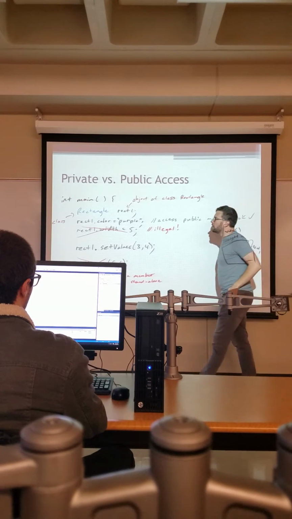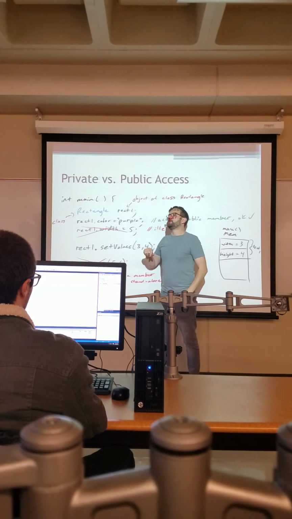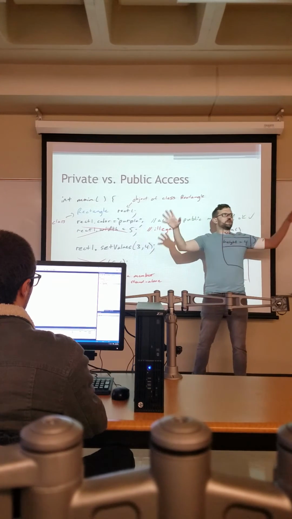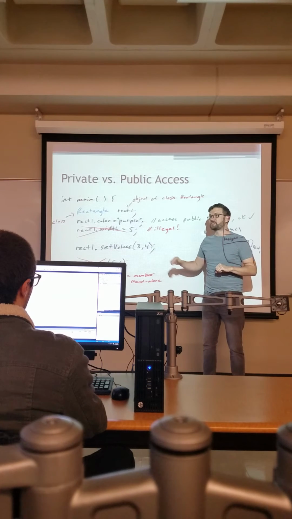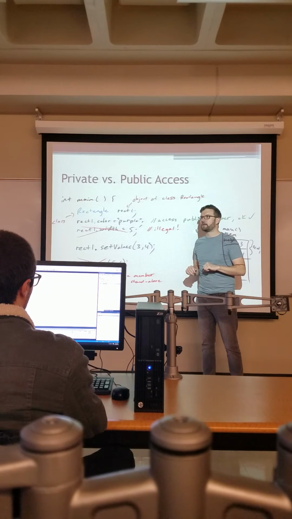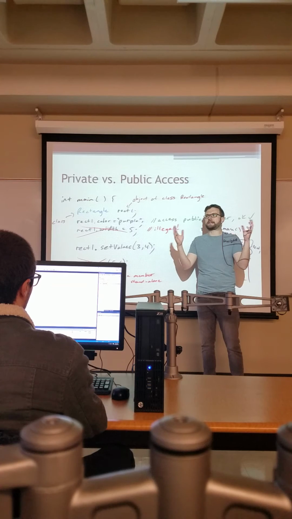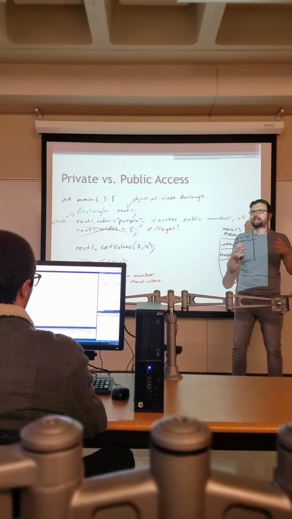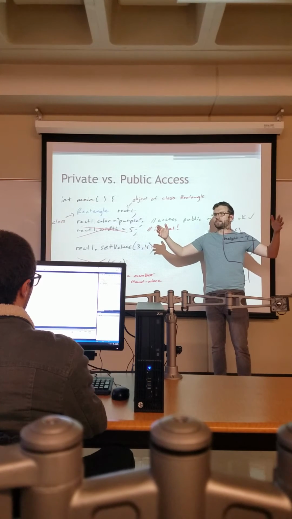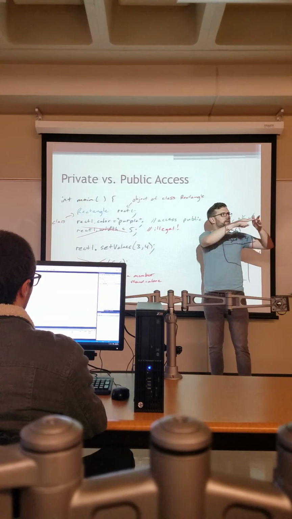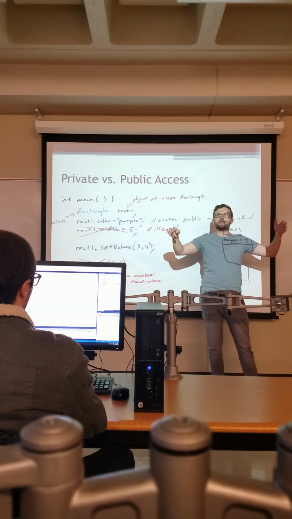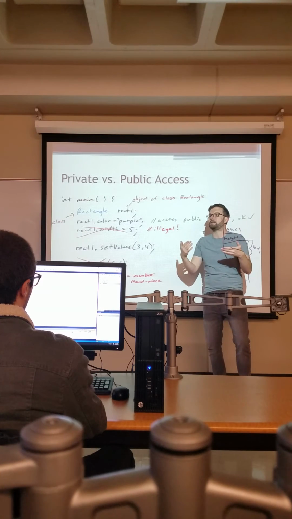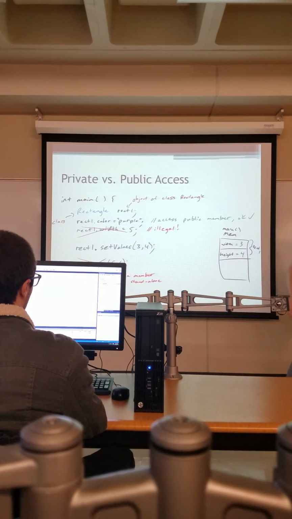For example, imagine you're writing a computer programming game, and this rectangle object is some kind of entity that lives in the game, and it cannot grow beyond a certain width. Maybe the screen is a certain number of pixels long, and you don't want to be able to make rectangles any bigger than that. So you can impose those limitations inside of your code.